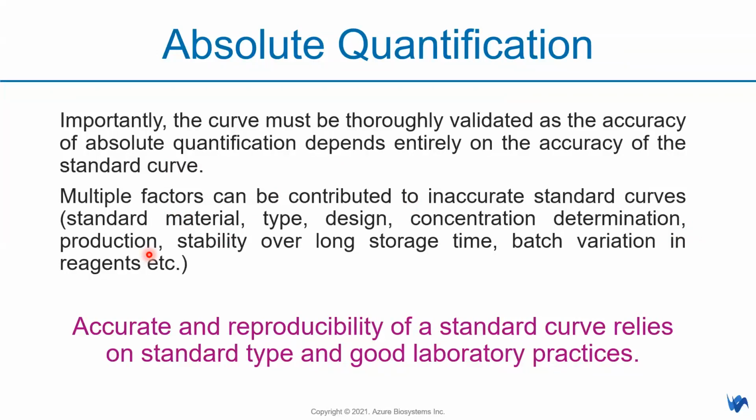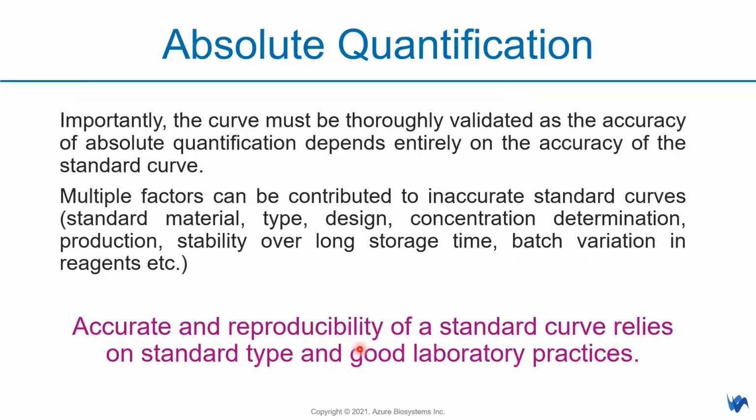Another thing is the stability of the standards over long storage time, since you might need to repeat the test over and over again for a longer time. And also batch variation in reagents, do bear that in mind. All these will contribute to inaccurate standard curves.